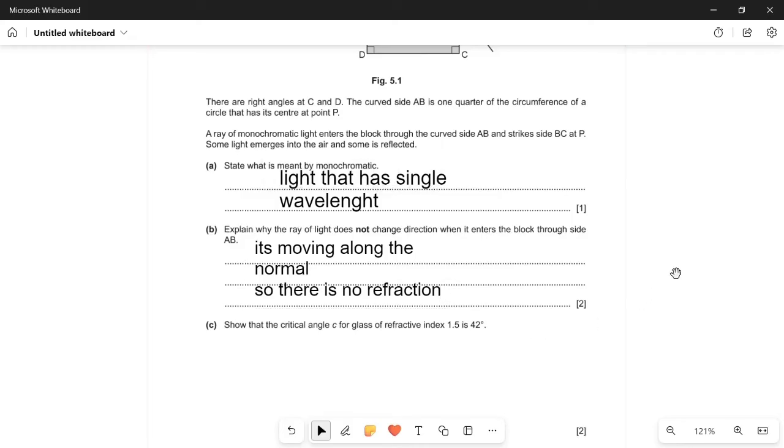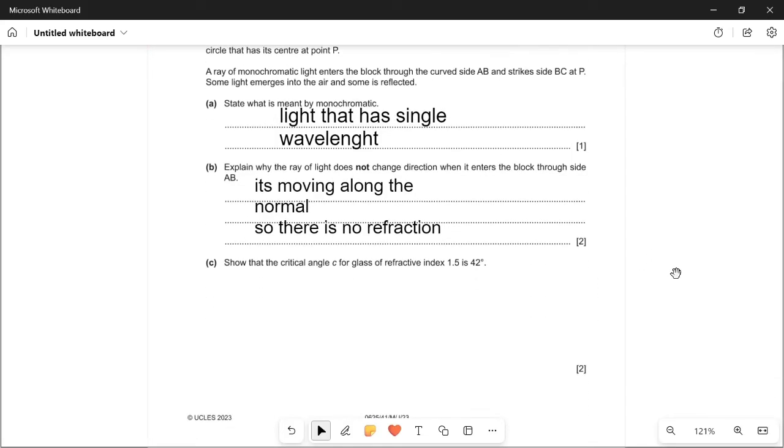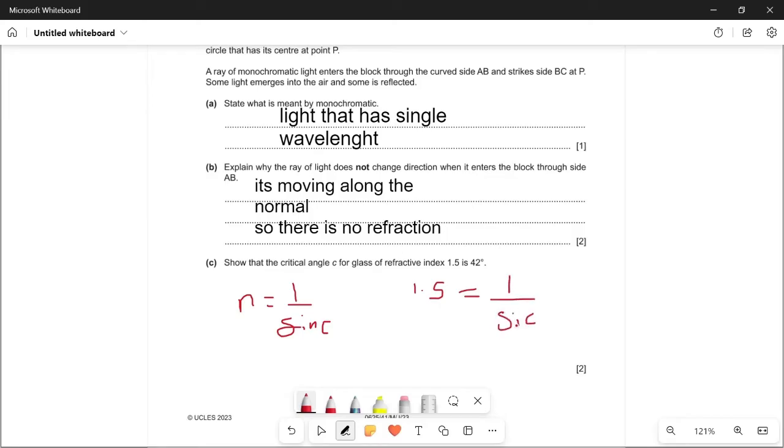That's the answer. C. Show that the critical angle C for the glass with refractive index 1.5 is 42. So the formula for refractive index with critical angle is 1 over sine C. So we have the refractive index, which is 1.5, equals 1 over sine C. So we can do cross multiplication.